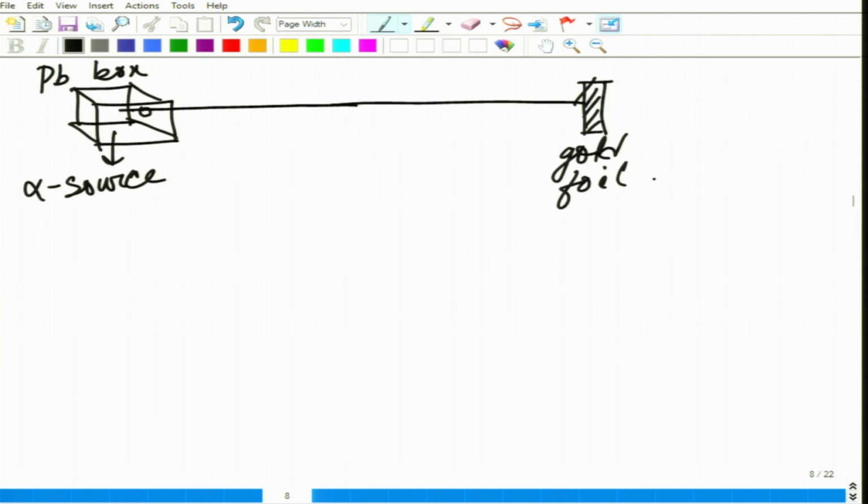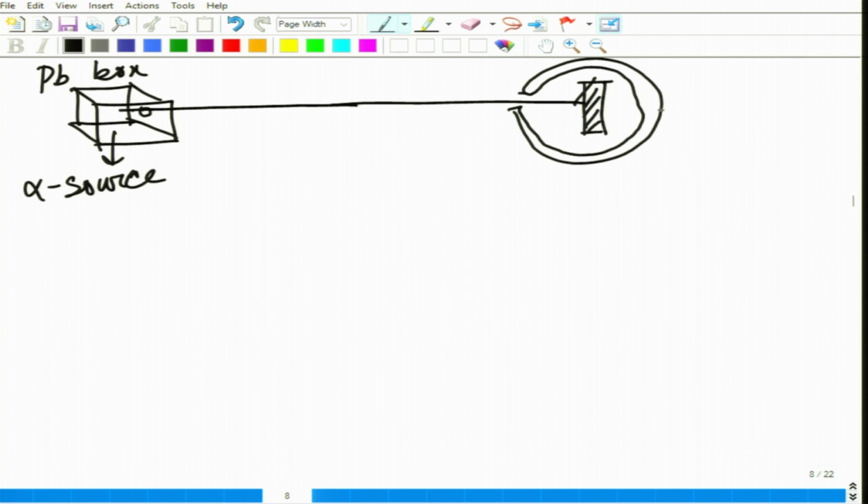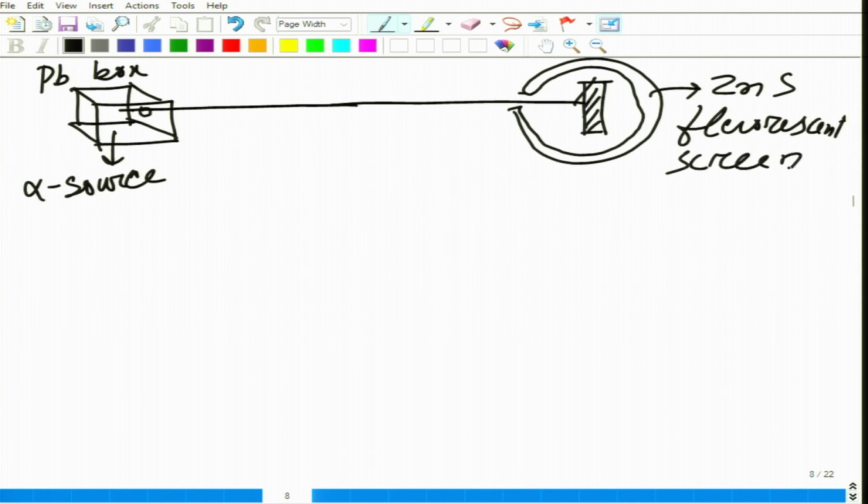It was surrounded with a zinc sulfide screen. In between, there was one lead plate with a small slit in it. Why was it kept? I will explain.